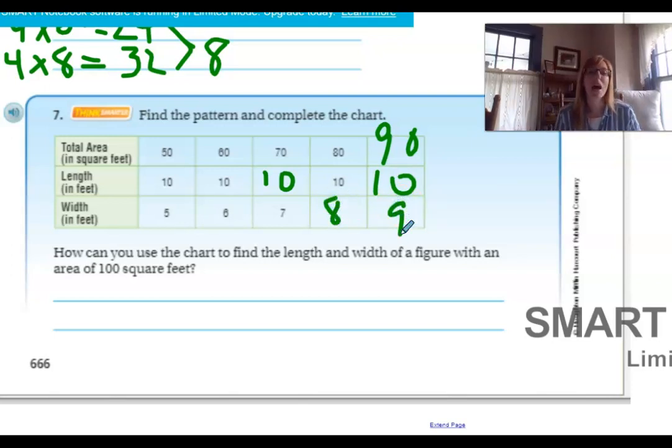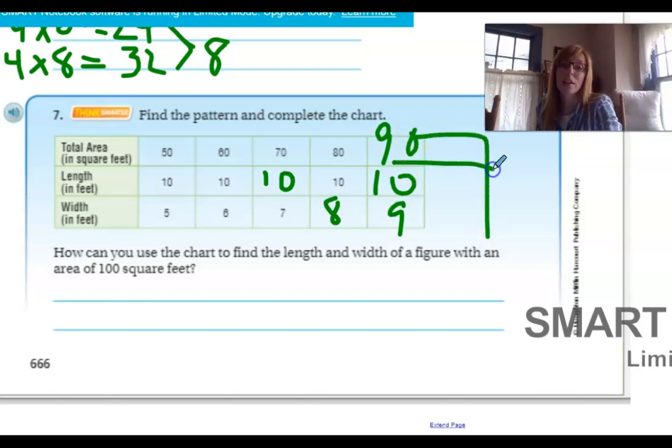Okay. How can you use the chart to find the length and width of a figure with an area of 100 square feet? Okay, so maybe you could extend out, because the total area here goes to 90. So if you extend this out, what do you think?